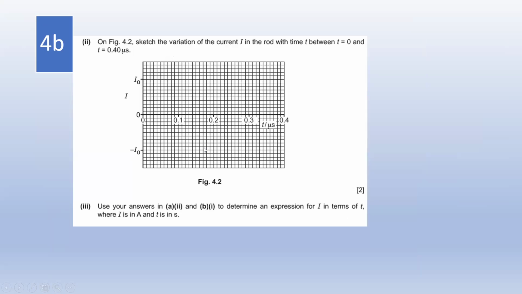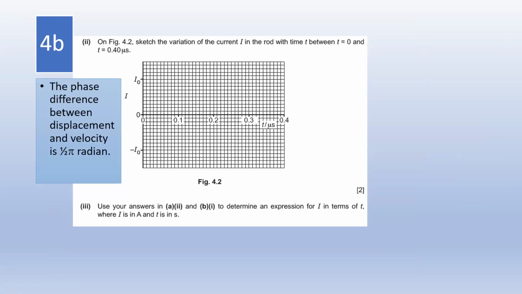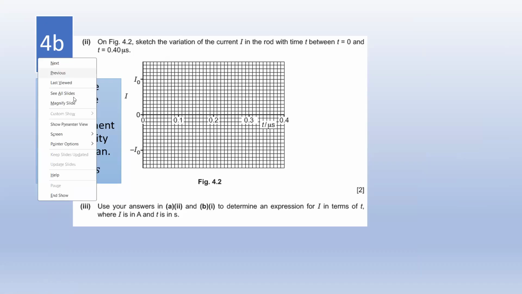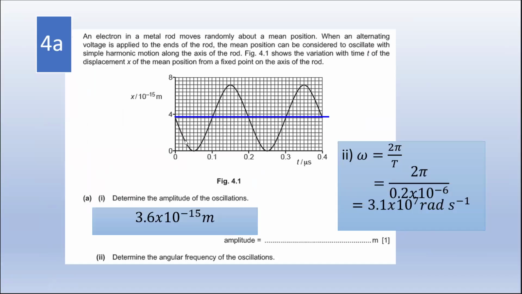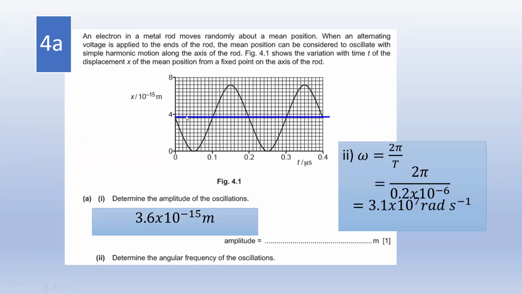And you draw. Remember your speed and displacement are 180 degrees out of phase. This one is an inverted sine curve. So this is the displacement.